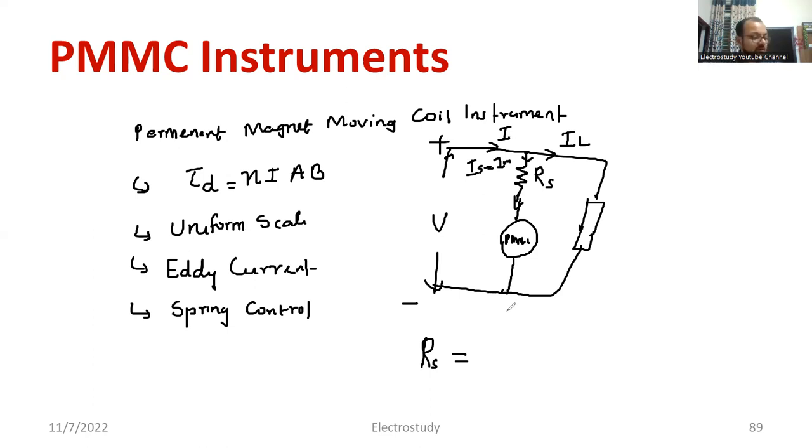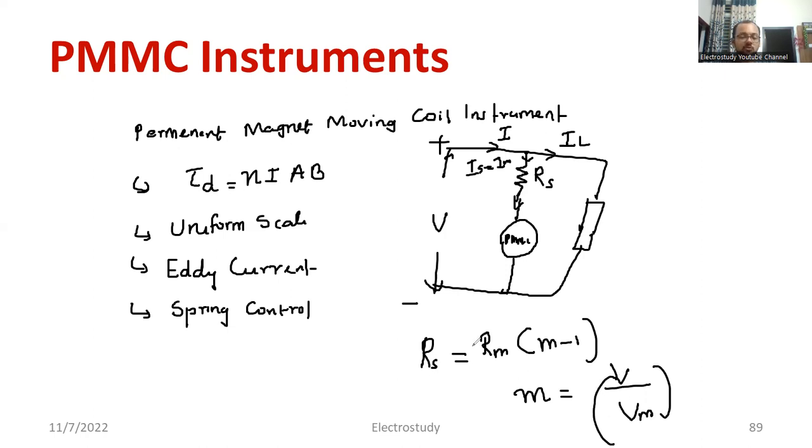RS is RM into M minus 1, where M is the multiplication factor. You can calculate the multiplication factor by the formula V by Vm. Using this formula, you can compute the series resistance RS.